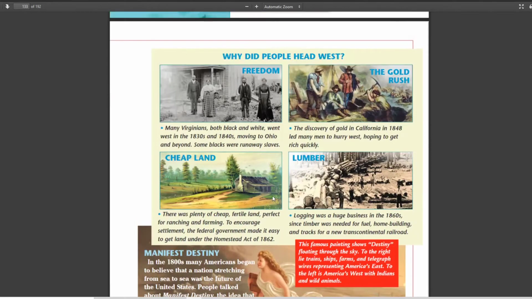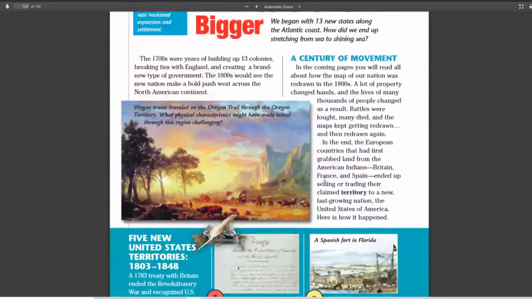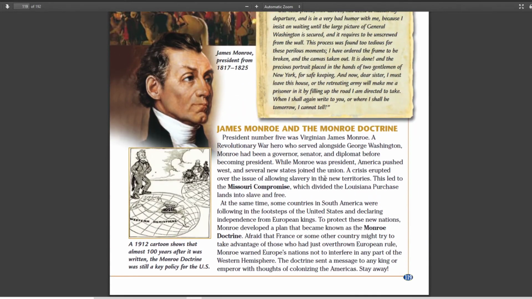Anyway, Missouri is a state that's right in the middle of the country. And they basically said Missouri is going to be a slave state, and everything above it is going to be free, and anything below it is going to be slave. So this was the compromise that got all these other compromises that had to do with slavery. And so Monroe was the first to get that whole ball rolling.